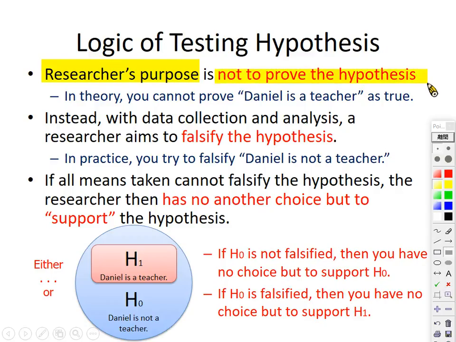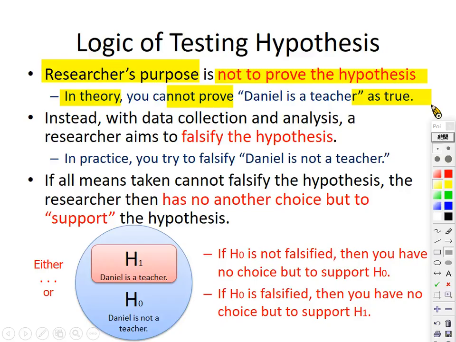Remember, we don't prove the hypothesis. Why don't we prove the hypothesis is right or true? Because in theory, you cannot prove Daniel is a teacher as completely true. In theory, you cannot prove one thing is completely true.